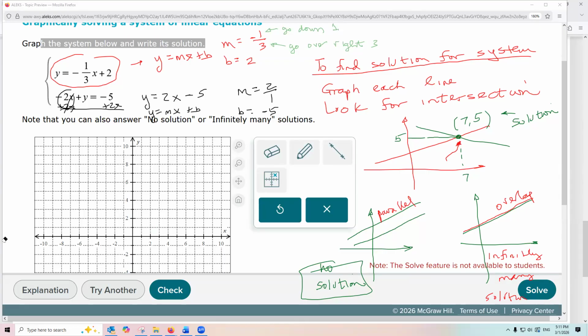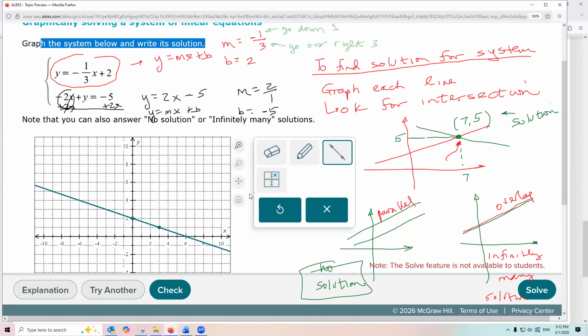Let me go back to the first equation, which was y equals negative 1/3 x plus 2. I'm using the line tool here. I'm going to go to y-intercept 2. The slope is negative 1 over 3. That tells me to go down 1, over to the right 3, click. All right, there's the first equation.